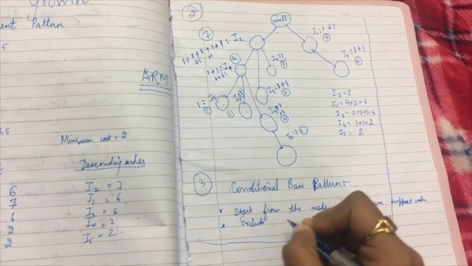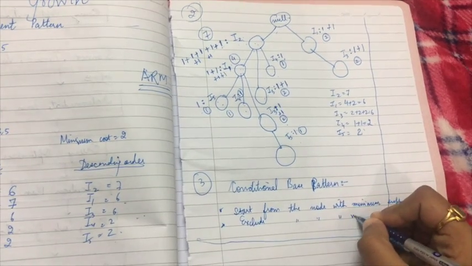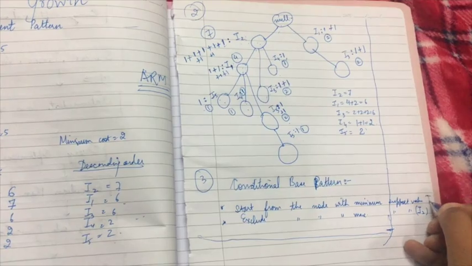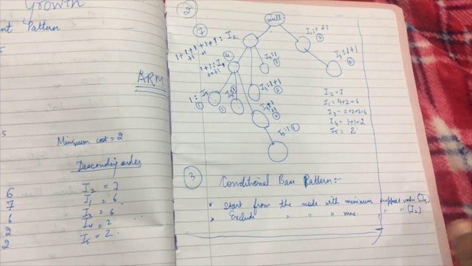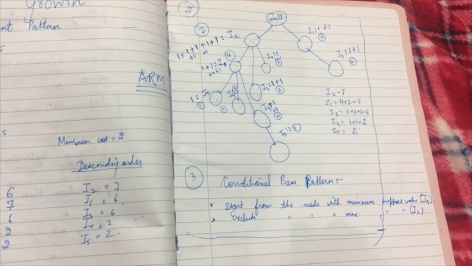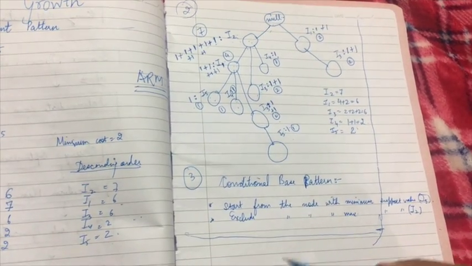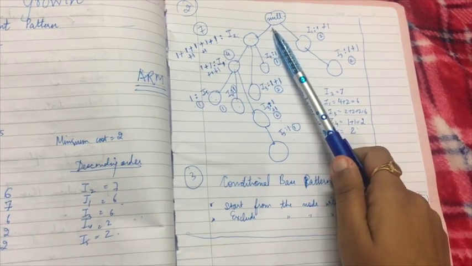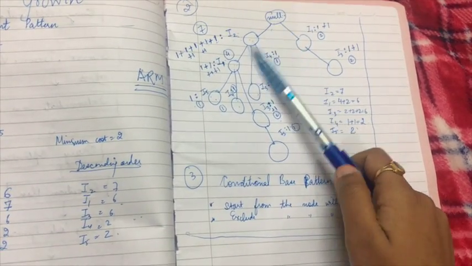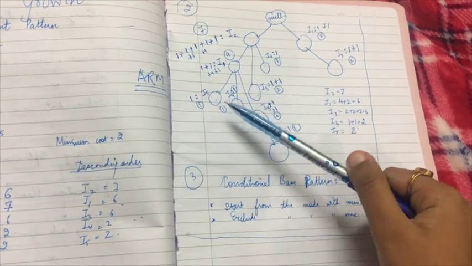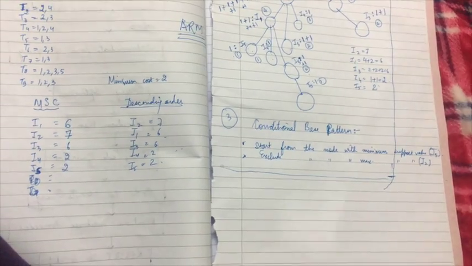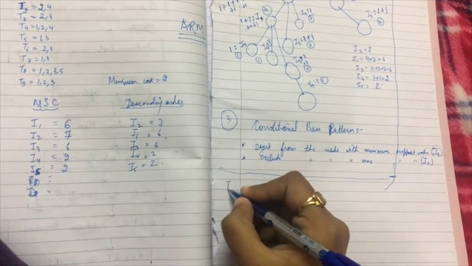Exclude the node with maximum support value, that is I2 over here, and this one is I5. Now what I'm going to do is find out the paths for each node from null. How many ways are there that I can reach that particular node? So let's find out using the graph, first of all for I5.